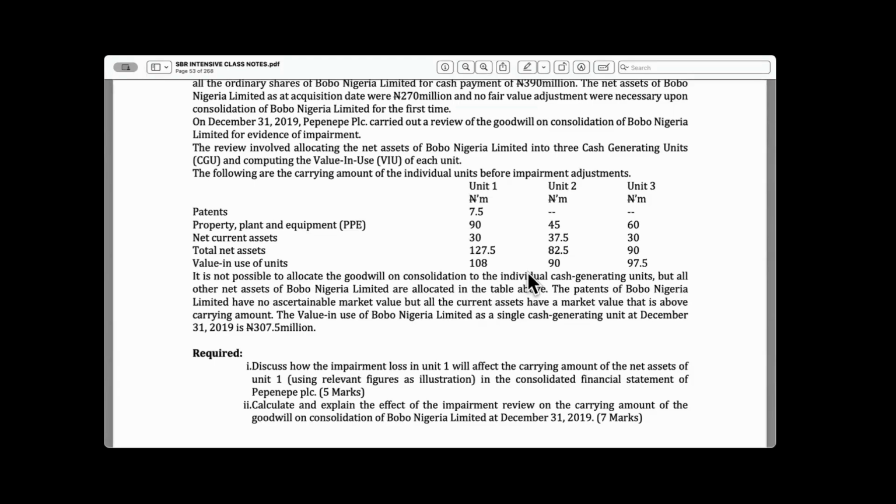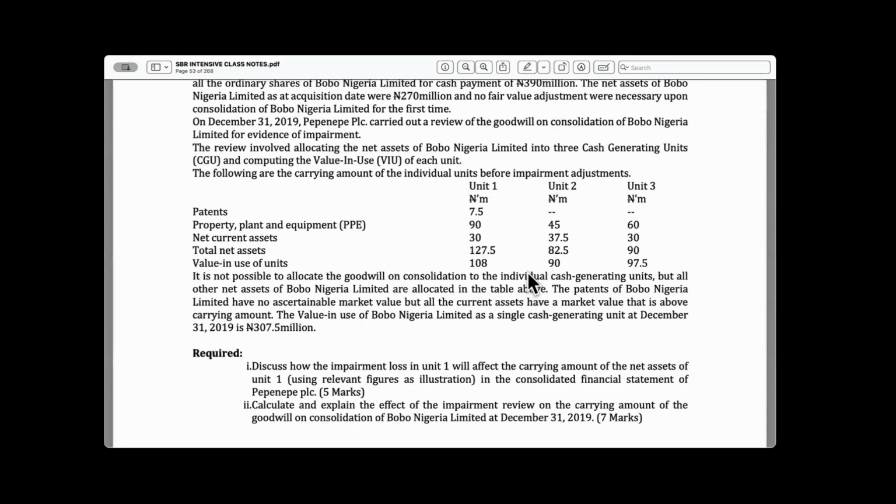For the total group, we add all the units and get another column that says total. For patents, we add all the patents in units 1 to 3, and likewise for PPE. Then we add the goodwill that we calculated before, that is the share minus the acquisition, so we have another line that says goodwill.